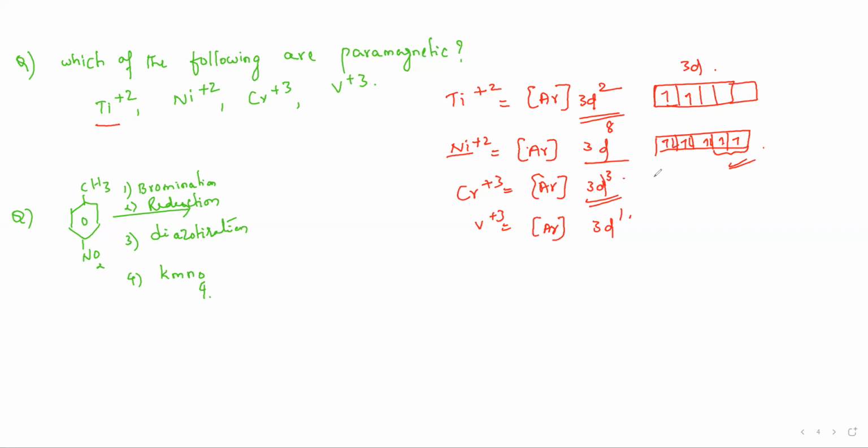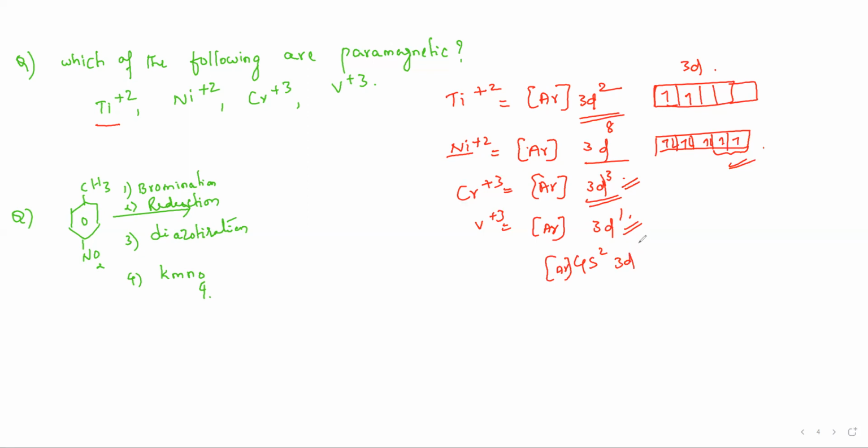Next one is this 3d3. So here also 3 unpaired electrons are there. Here 1 unpaired electron is there. Here, argon 4s2: scandium, titanium, vanadium.